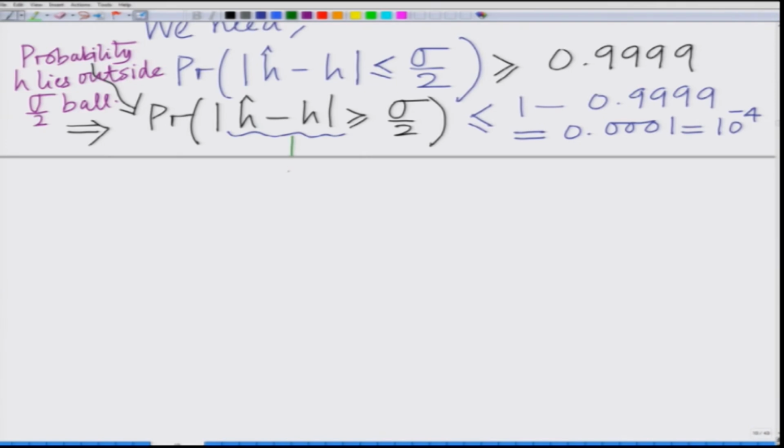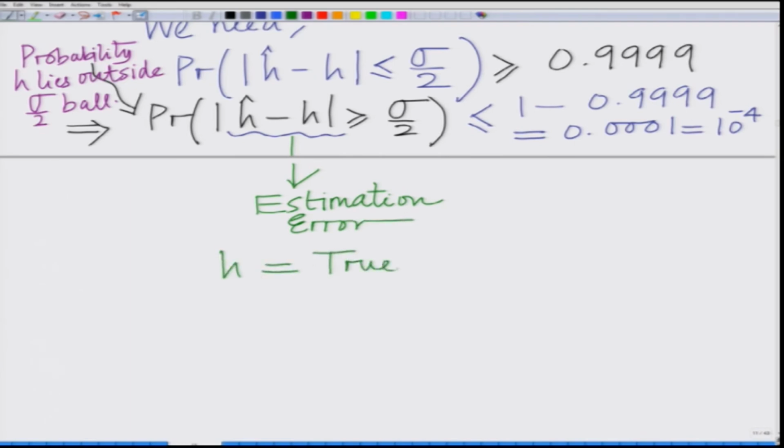Now, you have to realize this is nothing but your estimation error, because we have H equal to the true parameter, and H hat equals the estimate, that is your MMSE estimate.